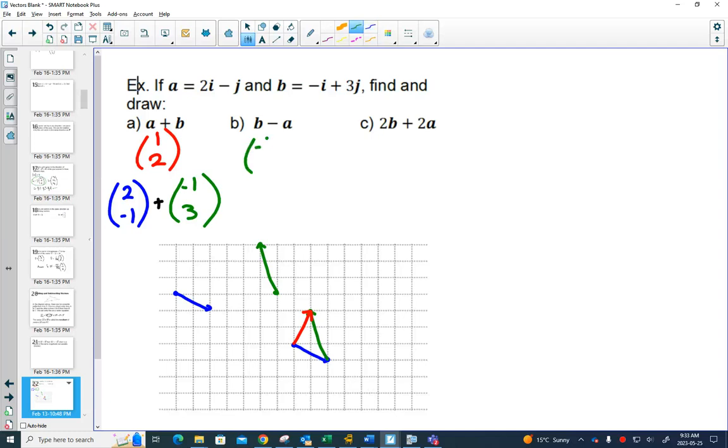So in the next one, if B is negative 1 and 3, and I want to subtract A, and A is 2 and negative 1, the resultant here would be, how did I do that without drawing it?